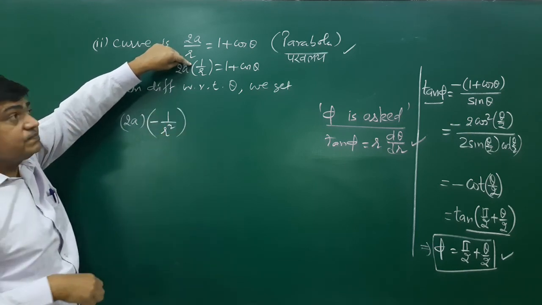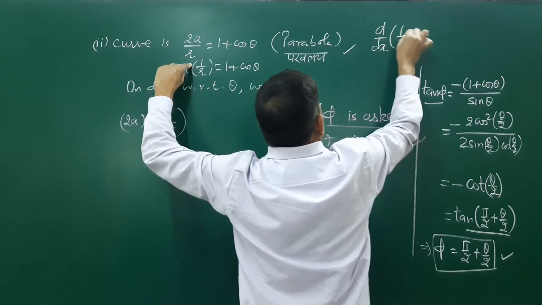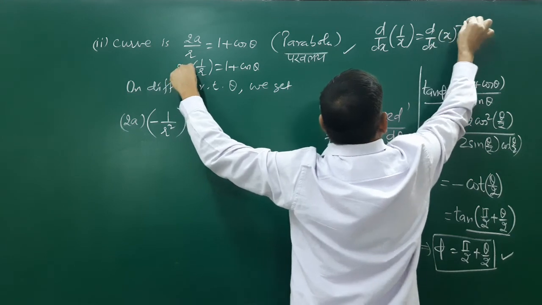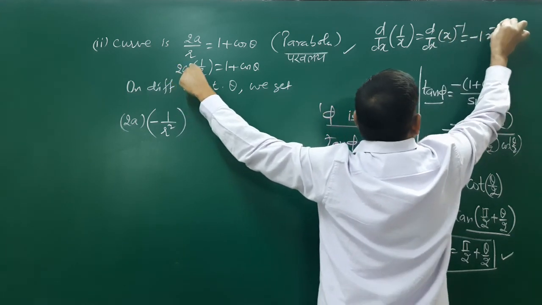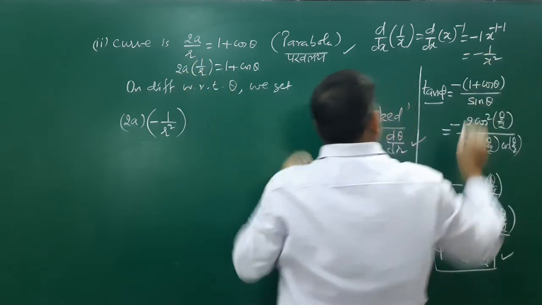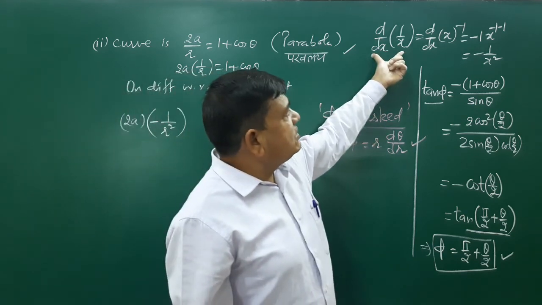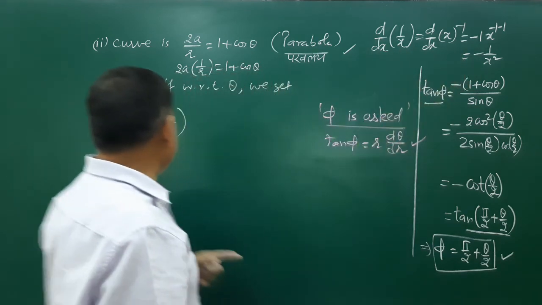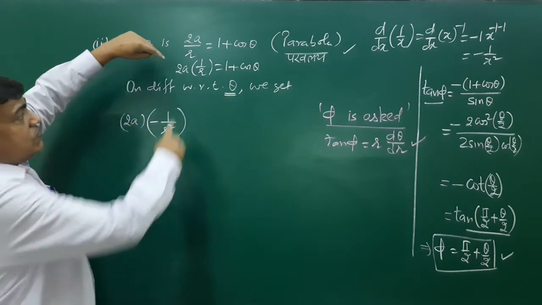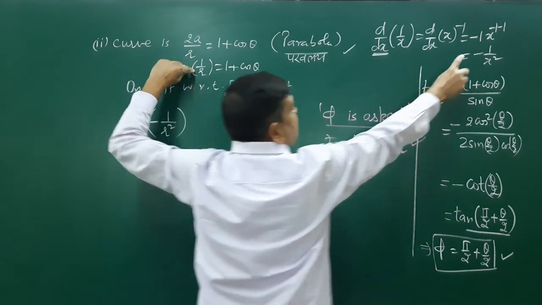You should remember d by dx of 1 upon x, that is d by dx of x to the power minus 1, it is minus 1 times x to the power minus 1 minus 1. It is minus 1 upon x square. Power formula. So differentiation of this one is minus 1 upon x square. Here differentiation is with respect to theta.